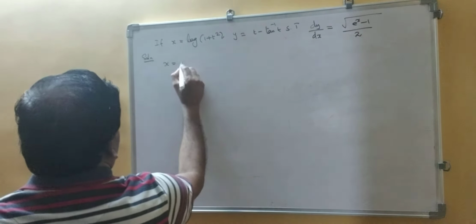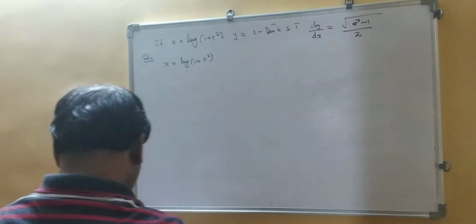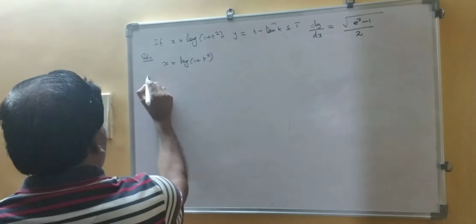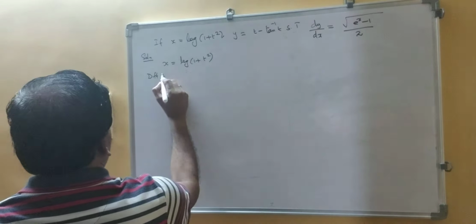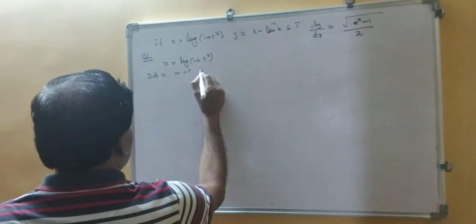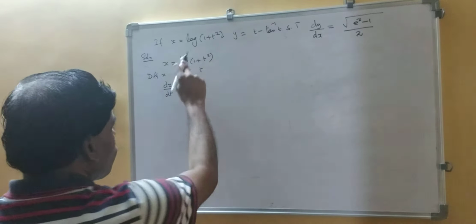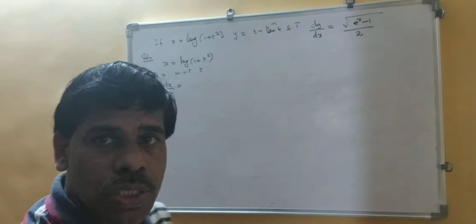x = log of (1 + t²). Now differentiating x with respect to t. So dx/dt = what is the derivative of log x? 1 upon x.